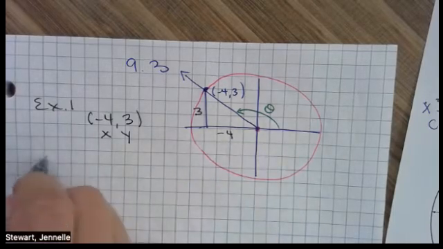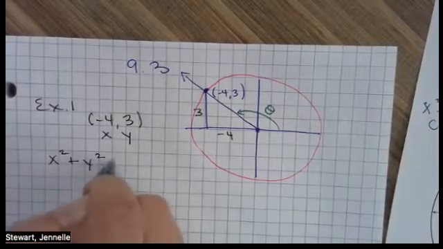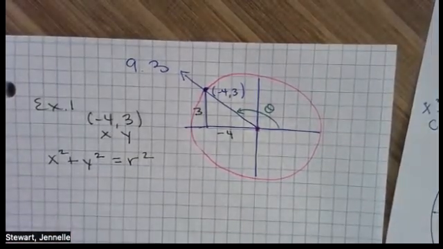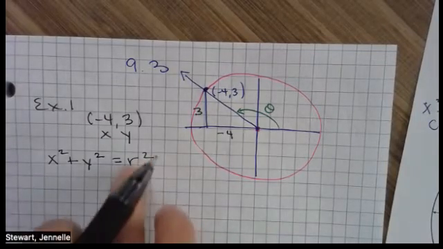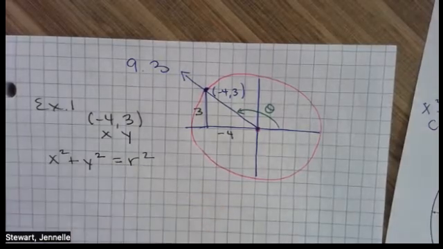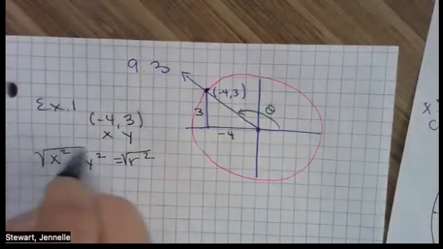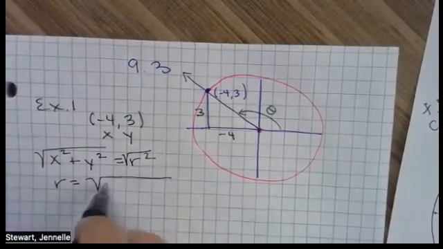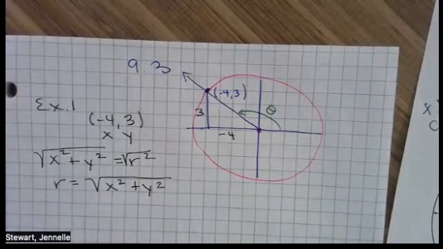Yeah, we can do y squared or x squared. Let's do x squared plus y squared equals r squared. Let's just make it even easier, right? Let's solve for r. So how do we solve for r? Square root both sides, right? So r is going to equal the square root of x squared plus y squared.